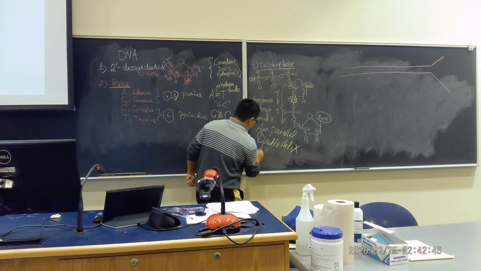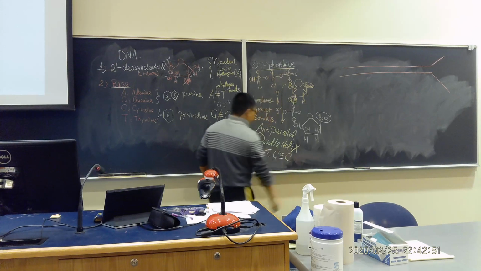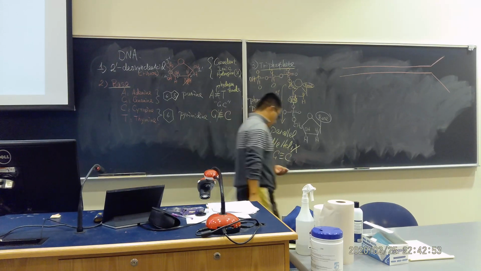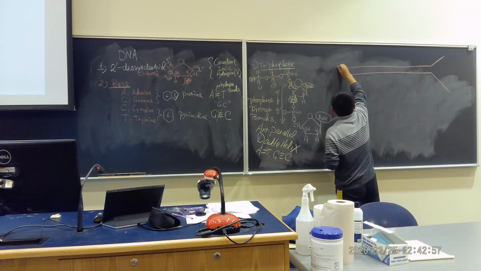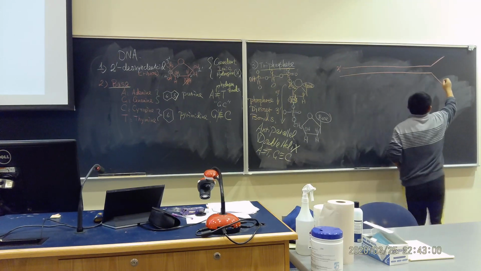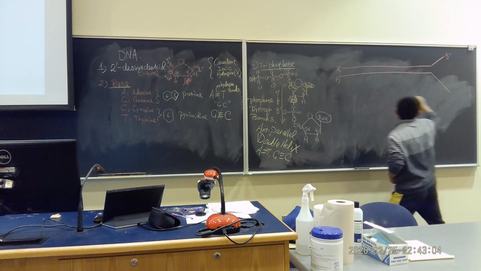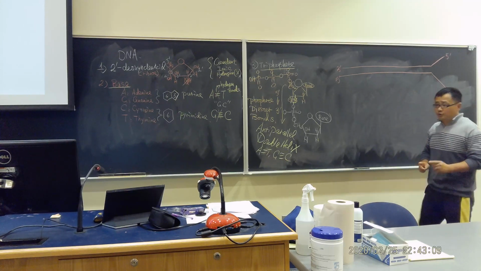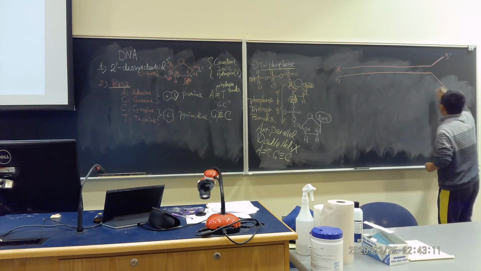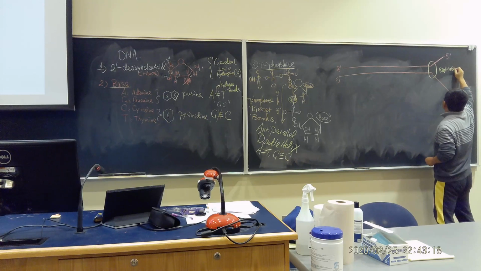A is complementary with T, G complementary with C. At the beginning, one of them is 3 prime to 5 prime, and another one is 5 prime to 3 prime. When replication starts, everything that happens is right here, called the replication fork.